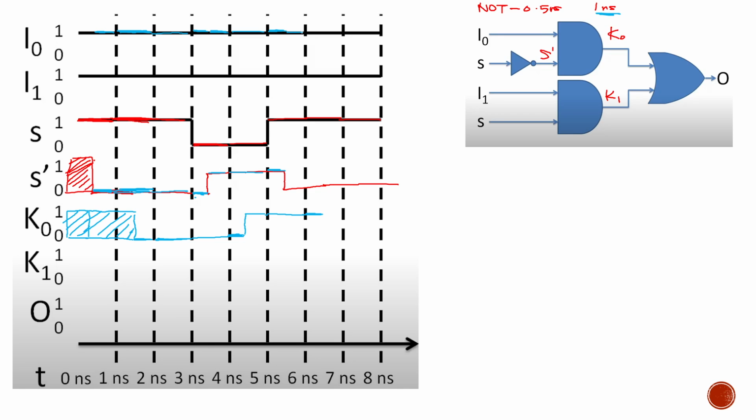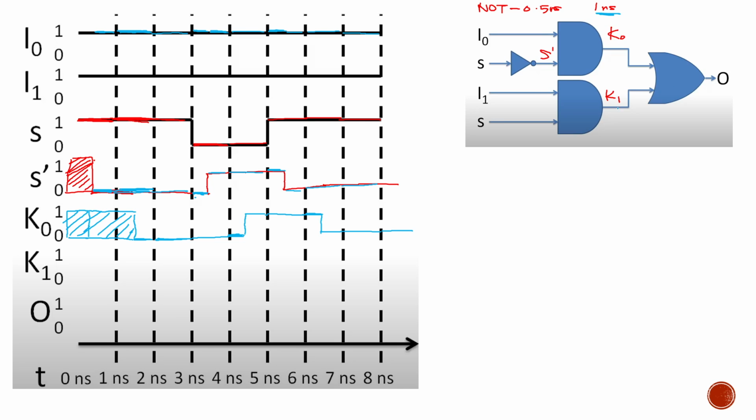Then it's going to be high, low, which gives low, and high, low, which gives low, and you got high, got low, which gives low. I'm just going to start drawing here and stop drawing here, because that's the end of our timing diagram. So that's how we produce the output waveform timing diagram for K0.